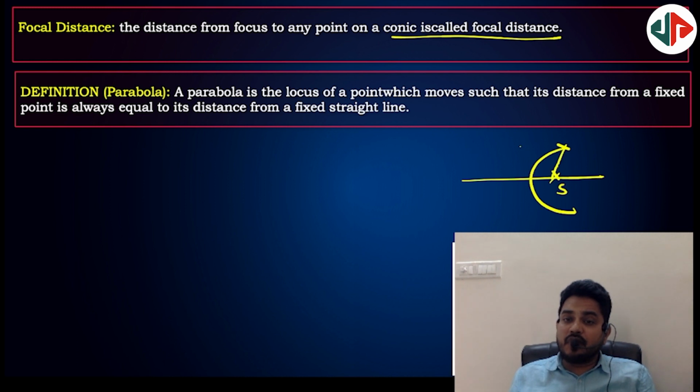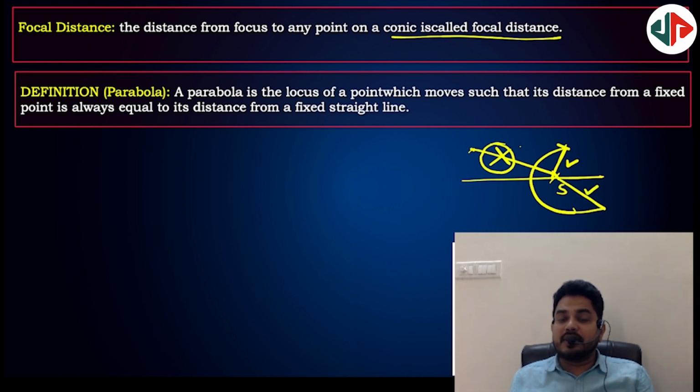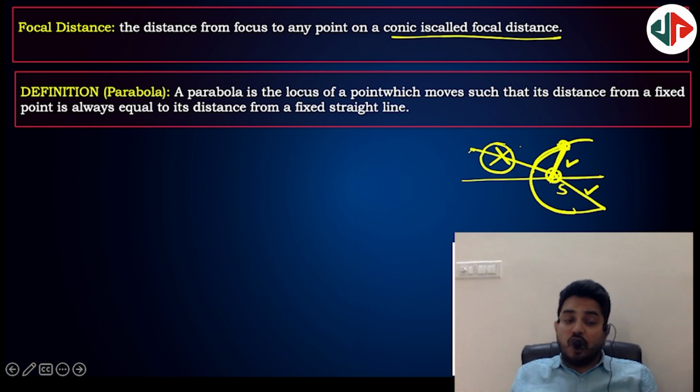You cannot take a point off the curve and call that the focal distance. The point has to be on the curve, and the distance of that point from the focus is called the focal distance.